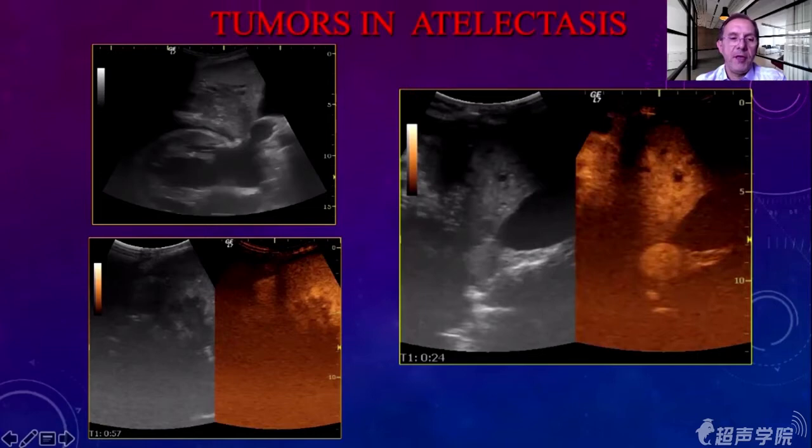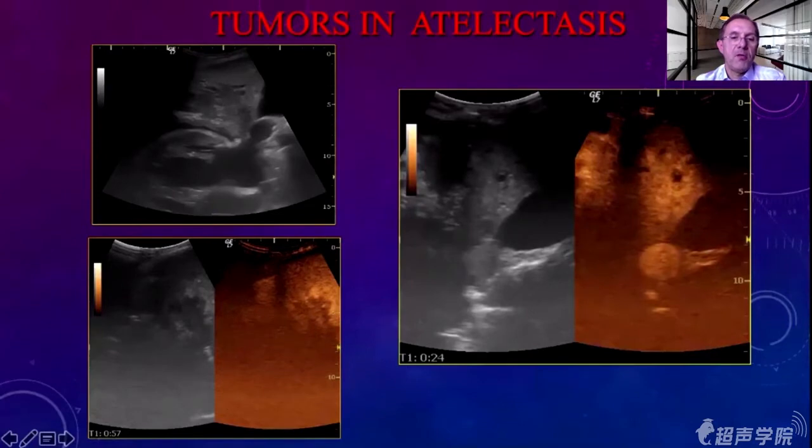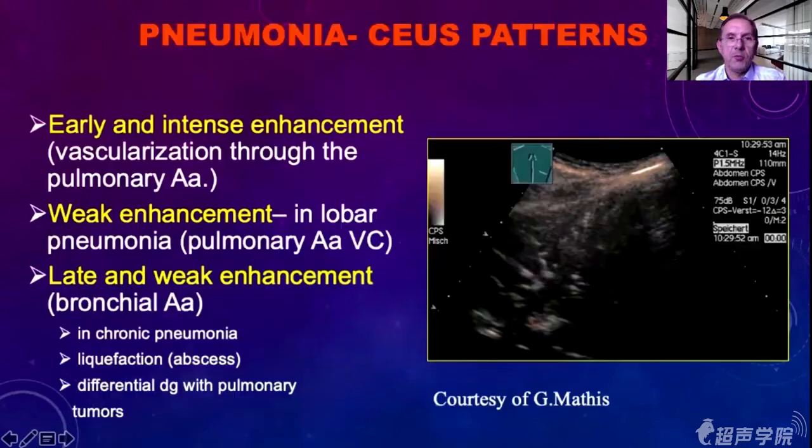And in the late phase, at 1 minute, in the venous phase, you see that the lesion washes out, so it may be very easily differentiated from the atelectatic tissue.